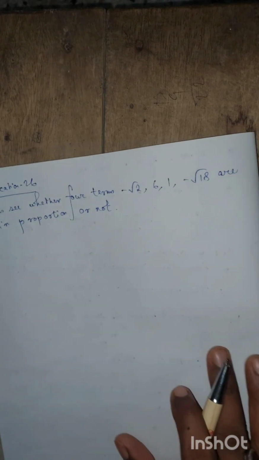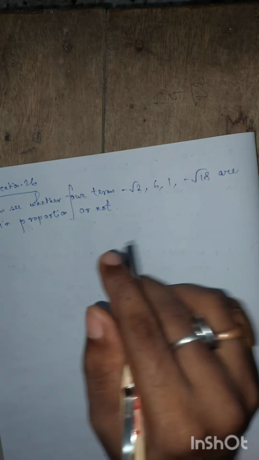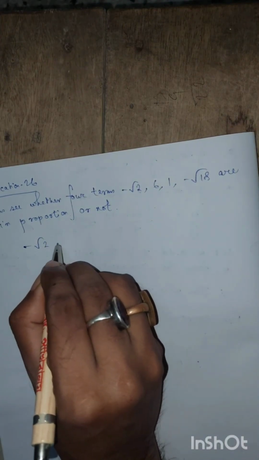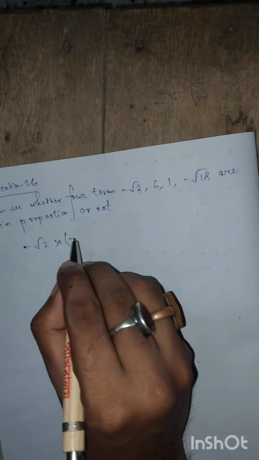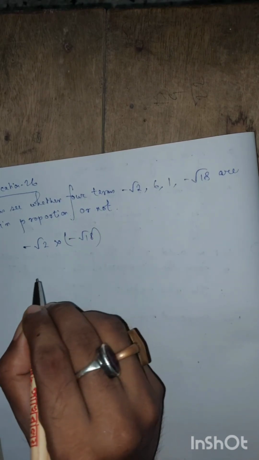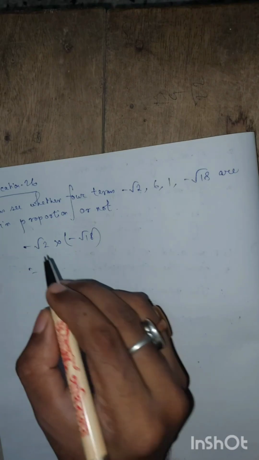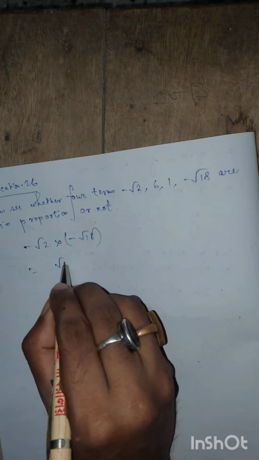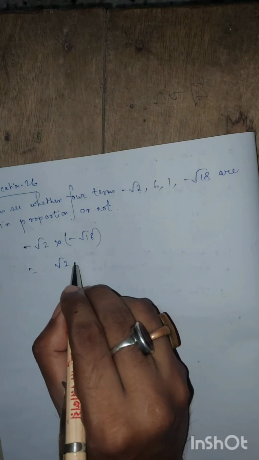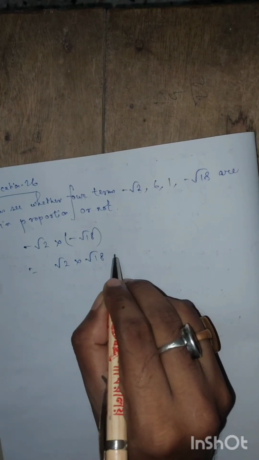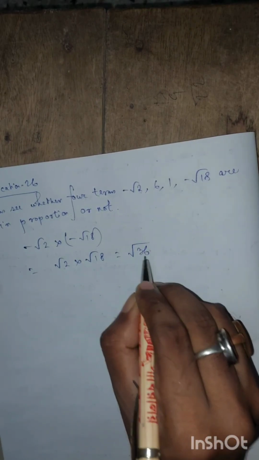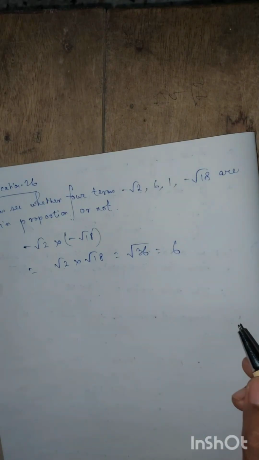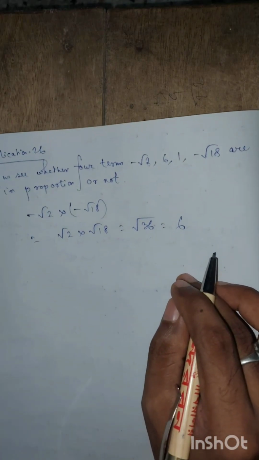So let us multiply the extreme terms. Minus minus is plus. So root 2 into root 18, which is root 36, which is actually 6.